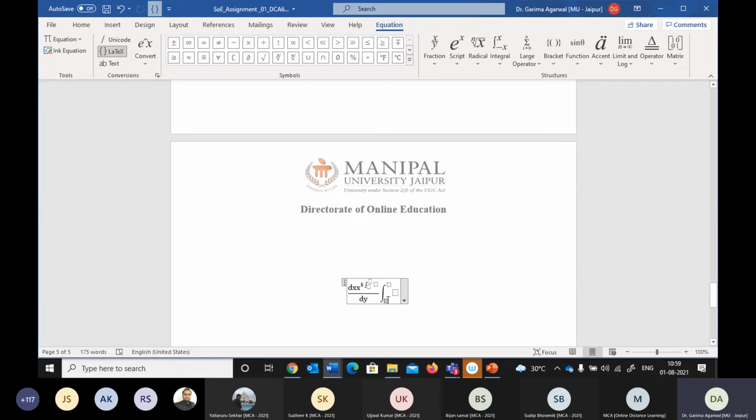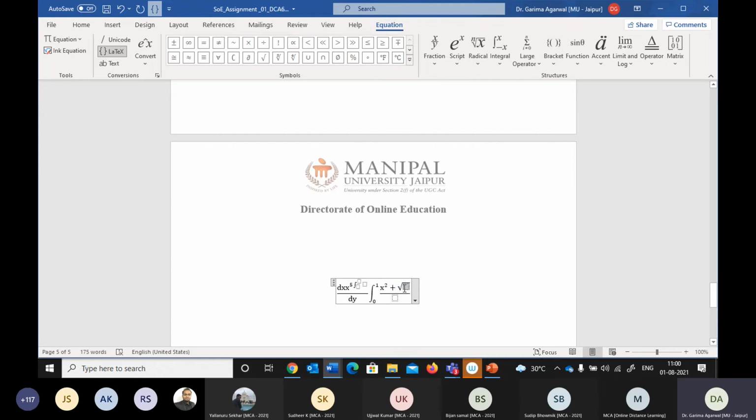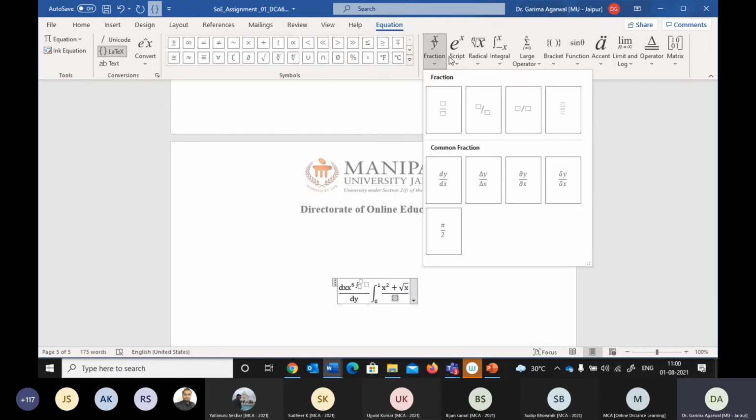Let's say the lower limit is 0, the upper limit is 1, and then let's say I need to write x square plus root x. Let's say I just want to type like that.